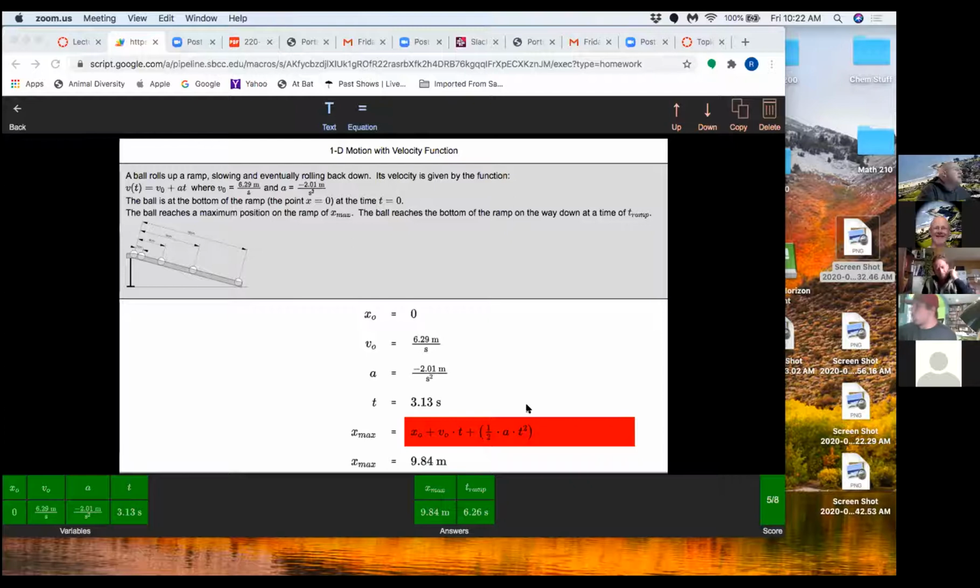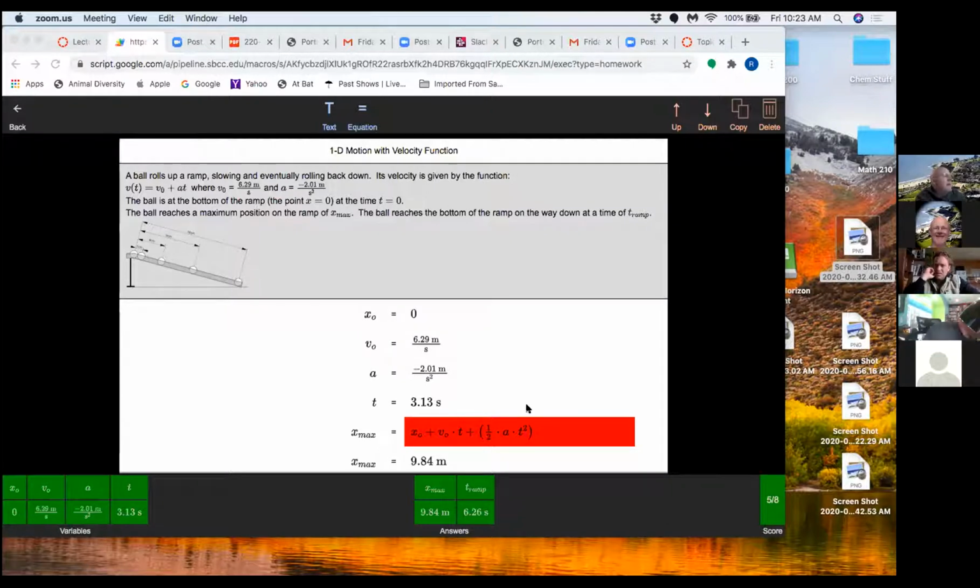Its velocity is given by this equation. The ball is at the bottom of the ramp, that is point x equals 0 at t equals 0. The ball reaches a maximum position at t max. The ball reaches the bottom of the ramp on the way. Okay, I think I got a general idea.